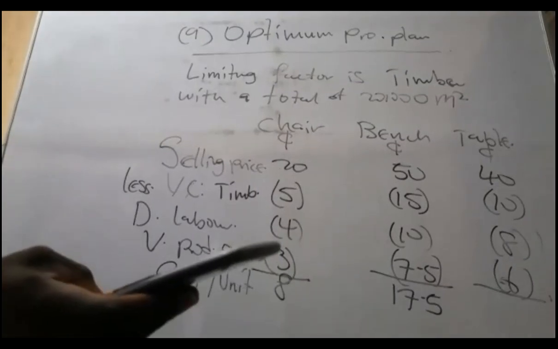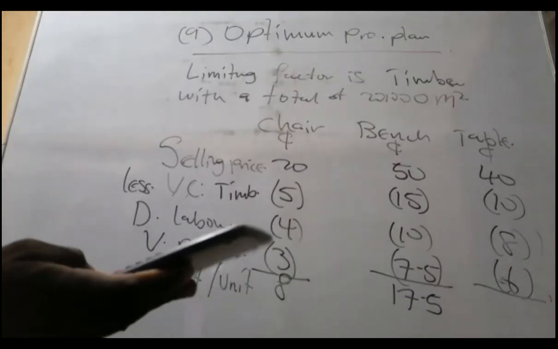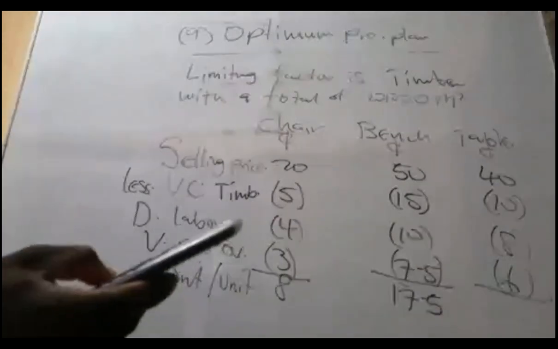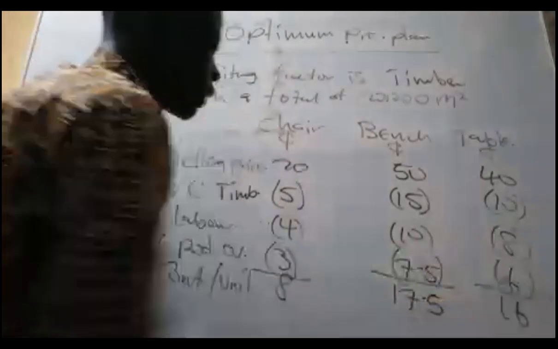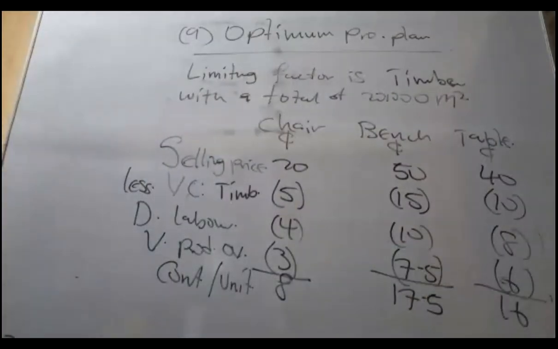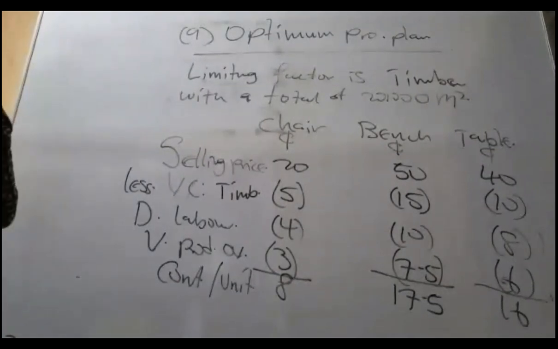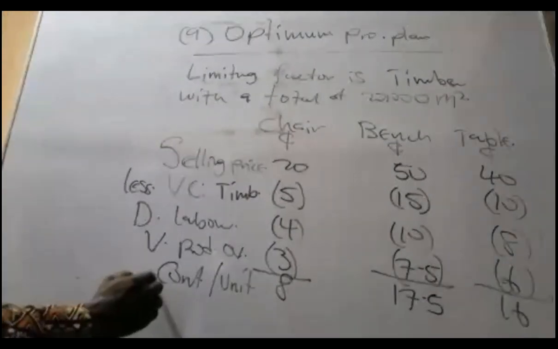Lastly, 40 less 18 less 6 gives us 16. So the last one is 16. That is the contribution per unit. Then what do you do again? Tell the examiner that we need the limiting factor.